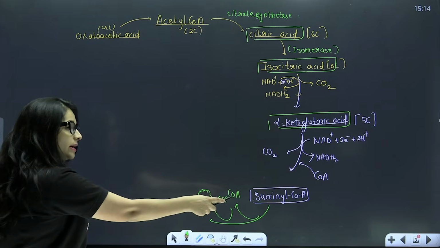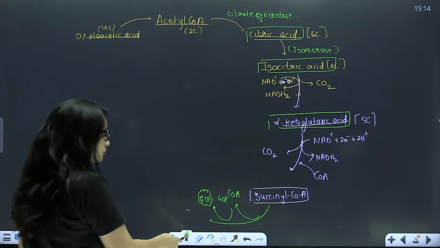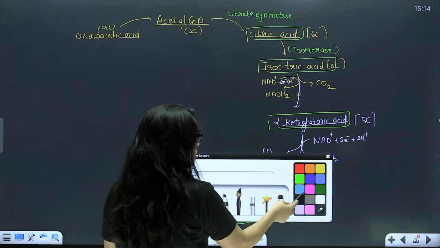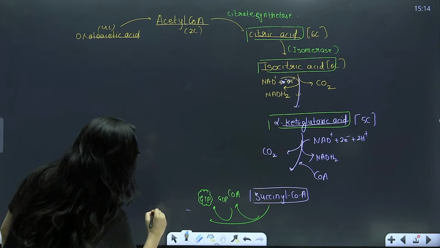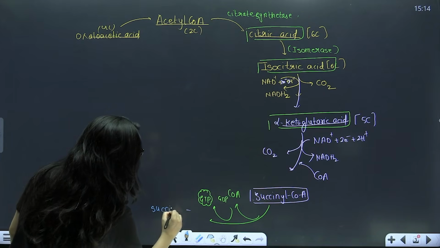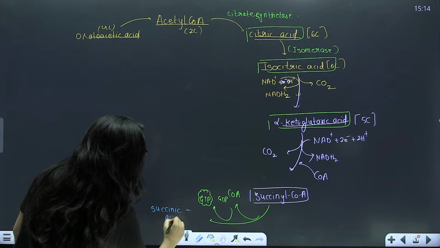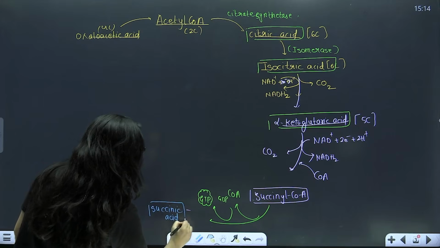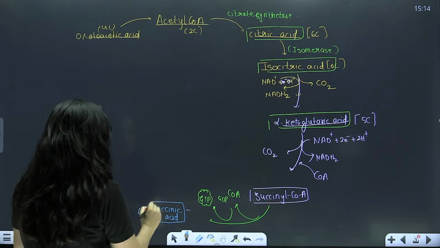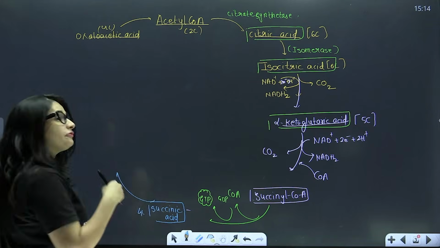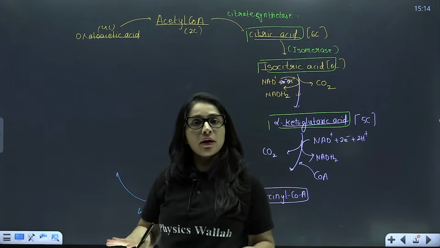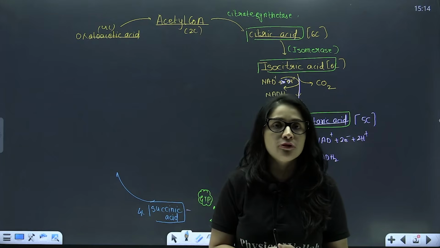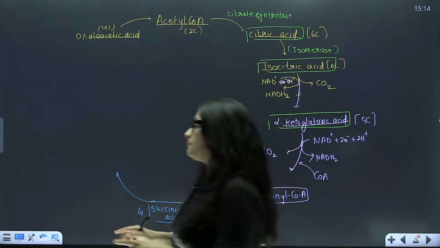So, succinyl coenzyme A, after producing energy in the form of GTP, will then convert itself into another 4-carbon compound, succinic acid. Now, this succinic acid will get further oxidized, but this time oxidation will occur with the help of another redox equivalent, that is FAD positive.